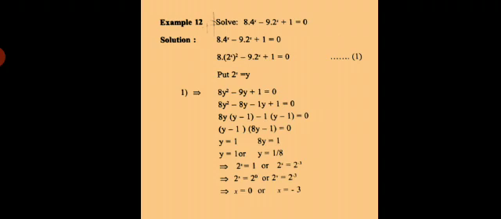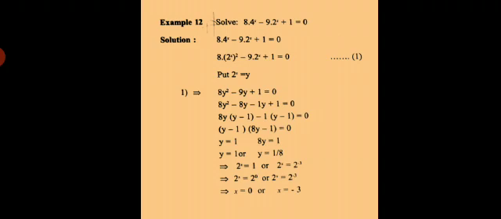Now what is y, what we have considered in the previous step, that is 2 raised to x. There you need to substitute the value of y as 2 raised to x. Here convert it.